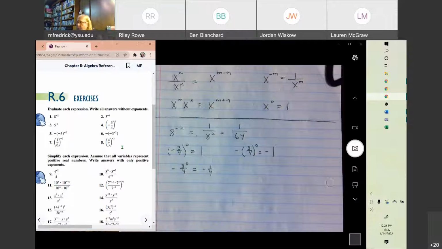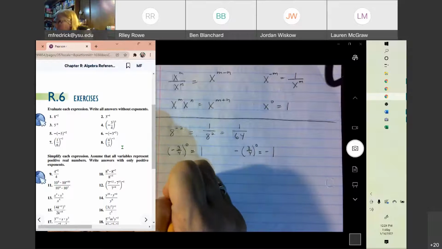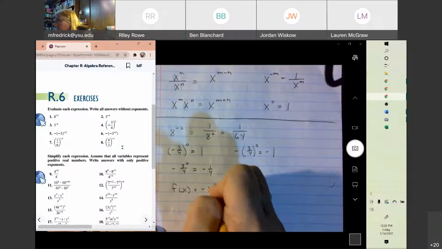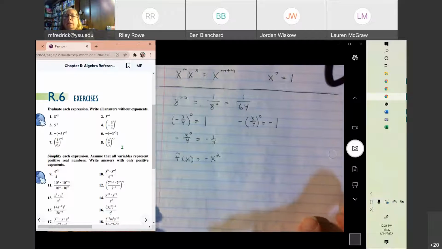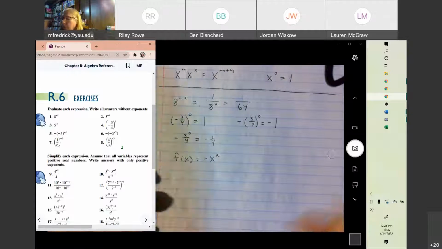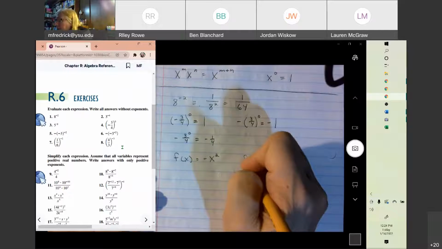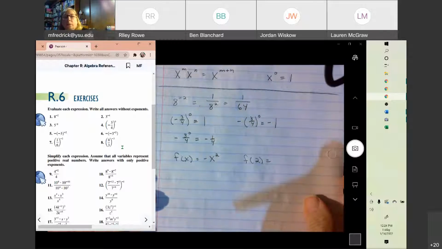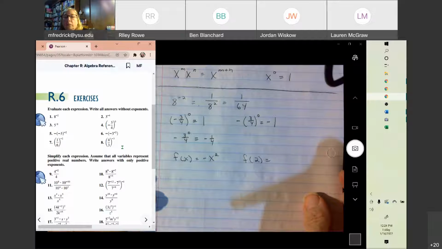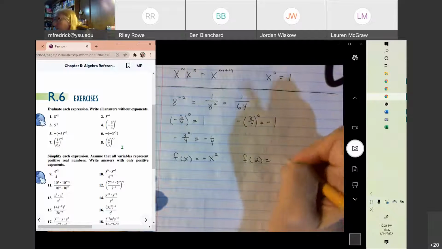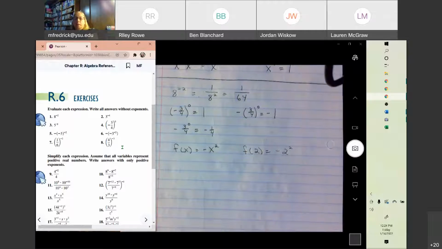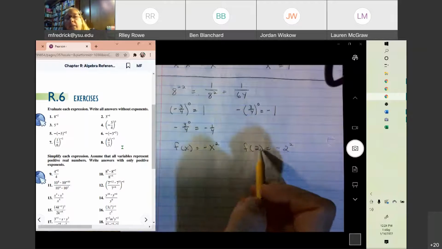Another one where there's a lot of mistakes. If we had a negative x squared, and we want to find f of 2, the only thing that's being squared is the x value, which in this case is a 2.